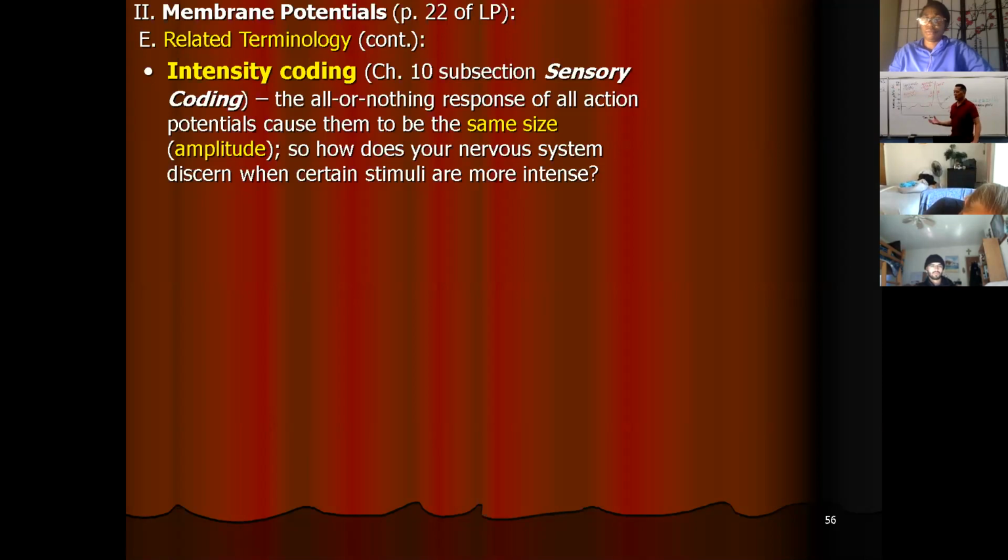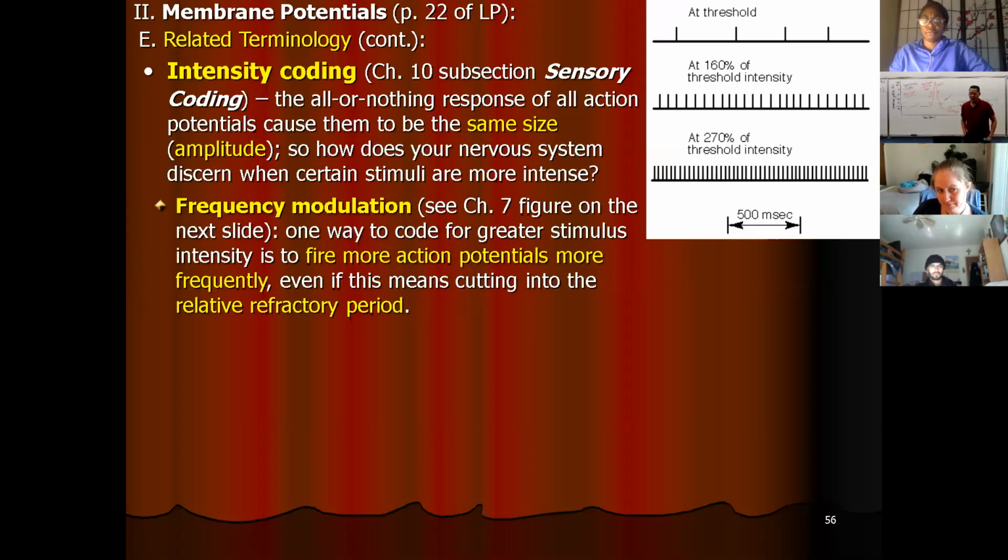All those neurons firing action potentials, all the action potentials are identical. How does your brain know the difference between a weak stimulus and a strong one? Well, one of the things is as you are getting stronger stimuli, you're going to fire more spikes. That's why that supra-threshold stimulus should get you more spikes.